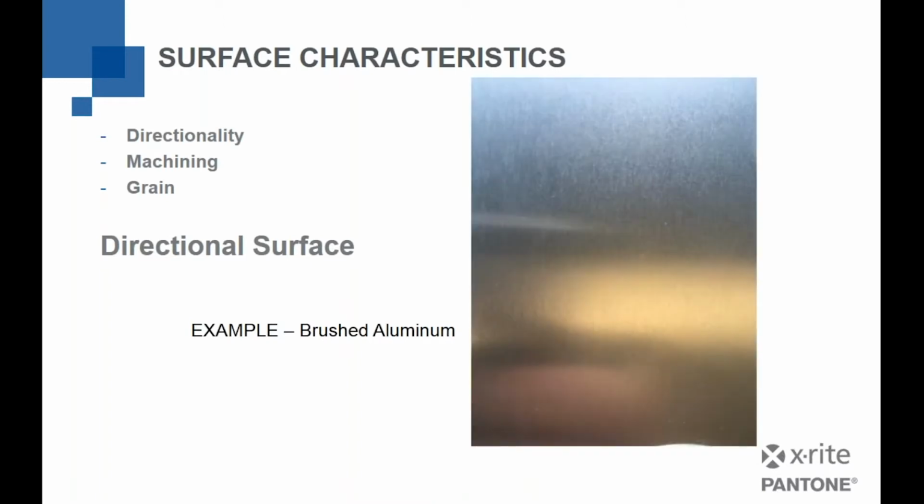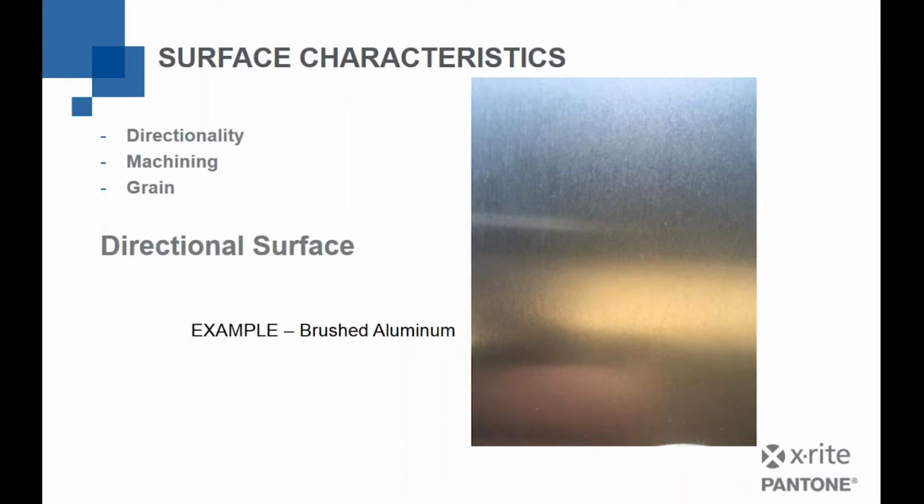An example I'm going to show is brushed aluminum. So it's got machining marks in it. You can see that it's not a homogeneous color, even as you scan from left to right across that photo. If you go from top to bottom, you can of course see it's a reflective directional surface, quite honestly.